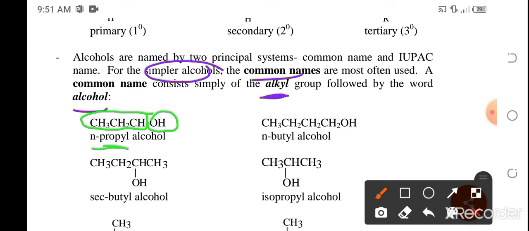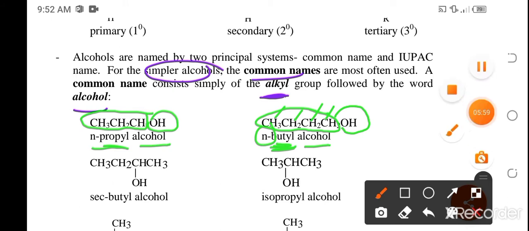This is normal propyl alcohol. There are 4 carbon atoms arranged in a linear connection, and at the last would be the hydroxyl. These 4 carbon atoms are represented by butyl, and normal means they are linear: normal butyl, and then the word alcohol. There should be a space in between because this is composed of 2 words.